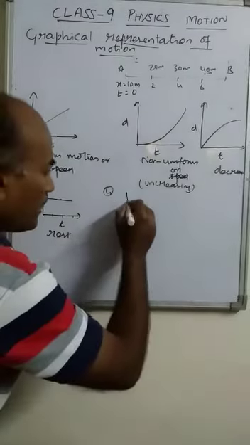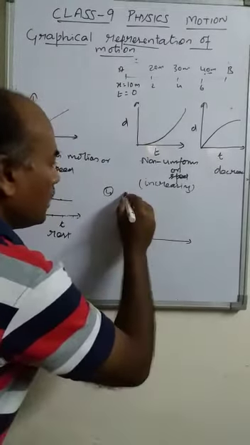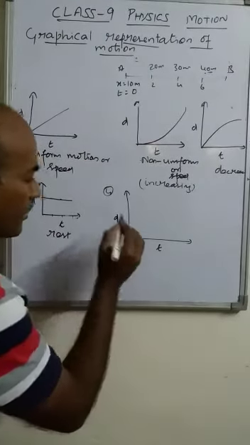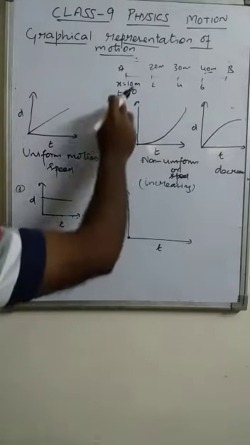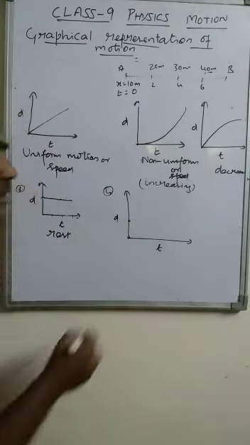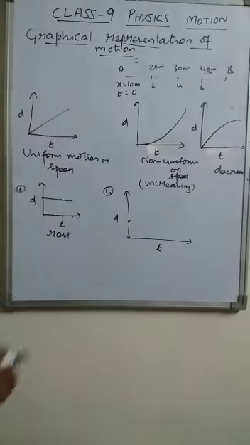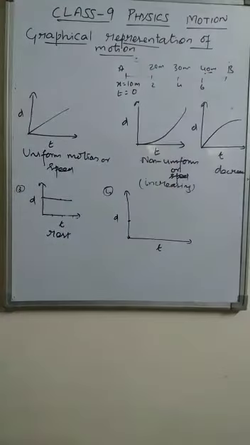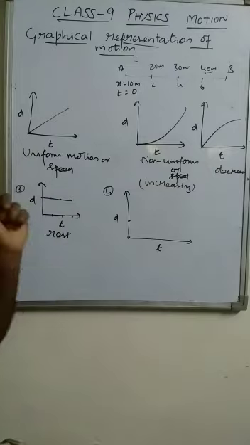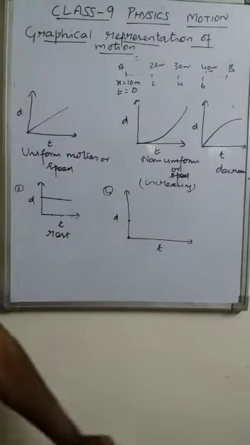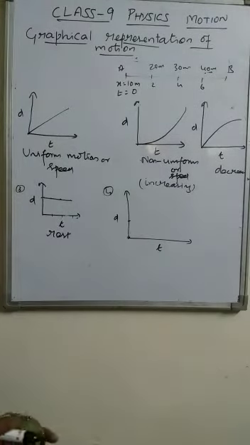But the change in position started not from the origin, not from 0. For this, if you plot the graph, this is time and distance. In the beginning at time 0, the initial position is not at 0, it is at 10. From there onwards, the object is changing its position equally in equal intervals of time. If any object is changing its position equally in equal intervals of time, we say the object is in uniform motion or uniform speed.